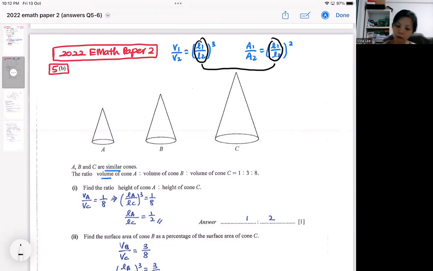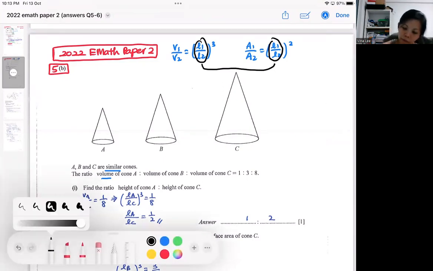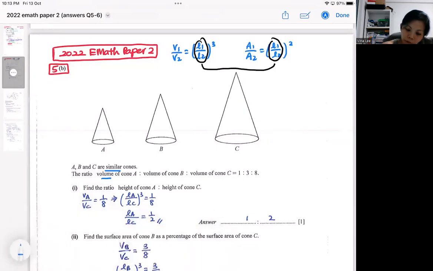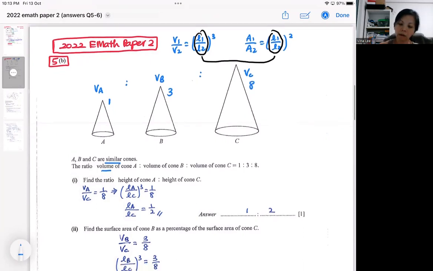Okay, so what am I given here? I'm given the volume of A, volume of B, and the volume of C. So the volume is 1, 3, 8. I'm supposed to find the height of cone A, the ratio.